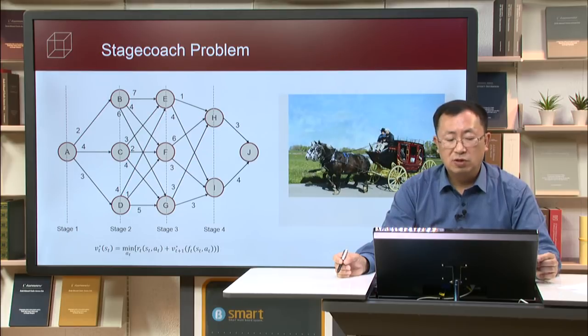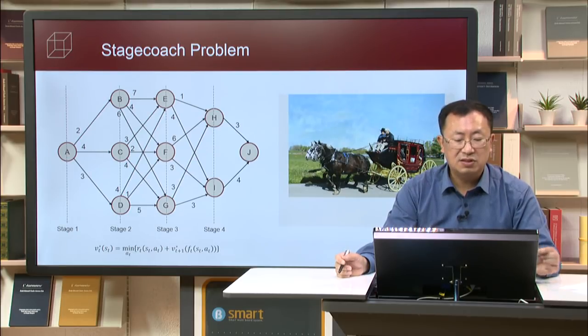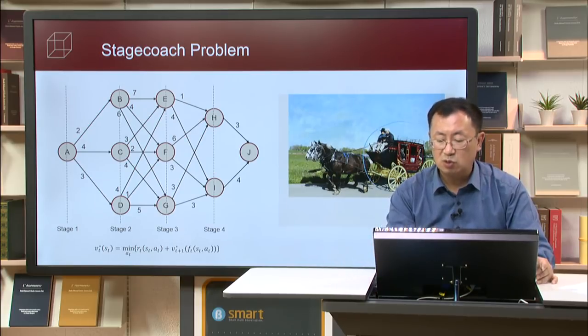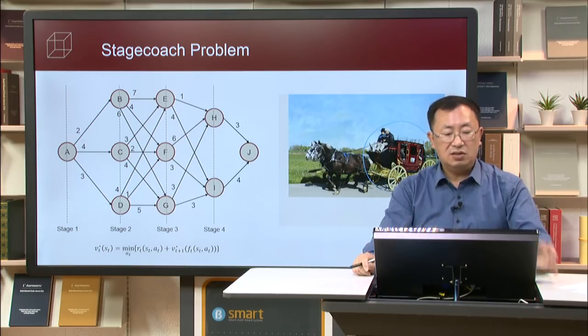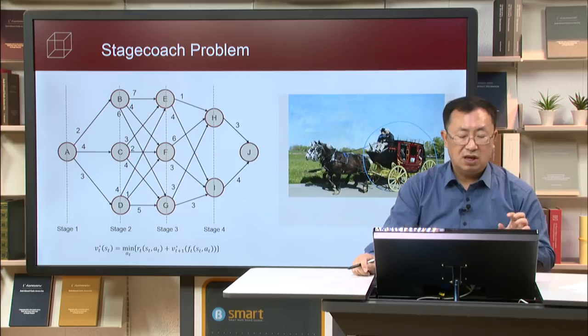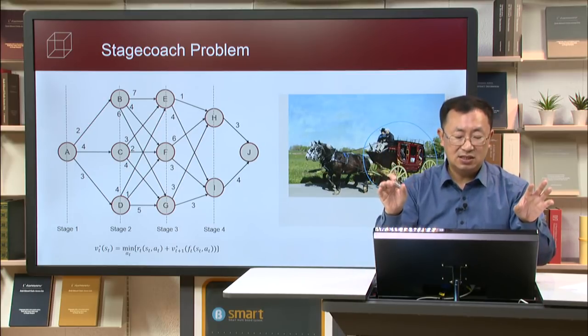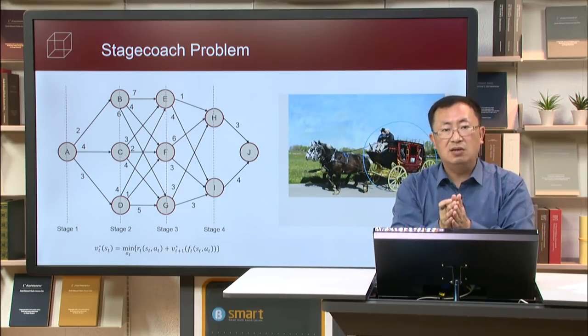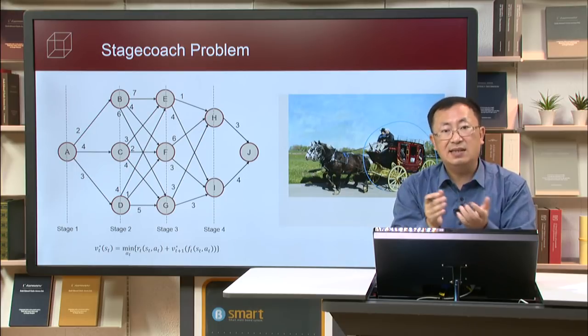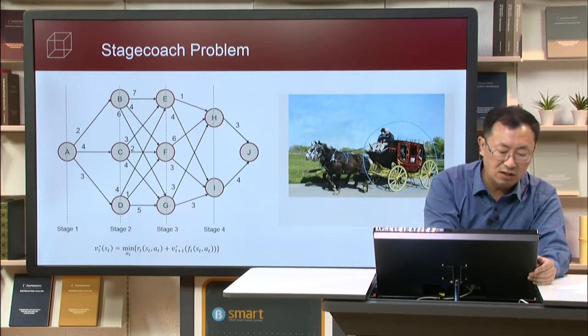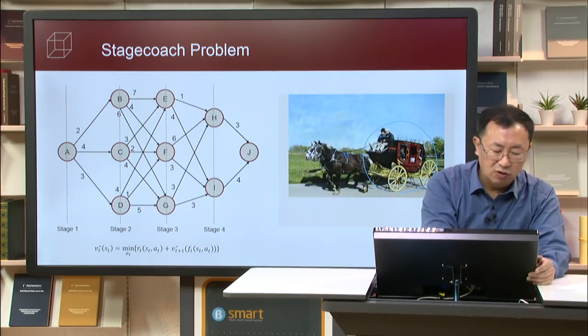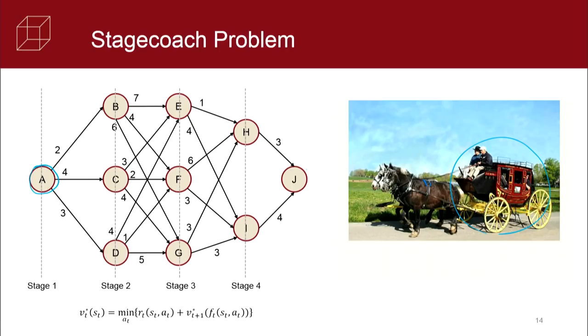Okay, so we'd like to take a look at the so-called stagecoach problem. In the stagecoach problem, there is a source and a destination, and some intermediate nodes, which can be considered as cities. You'd like to move from city A to city J, using a stagecoach.